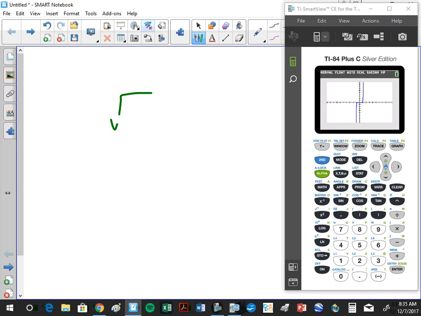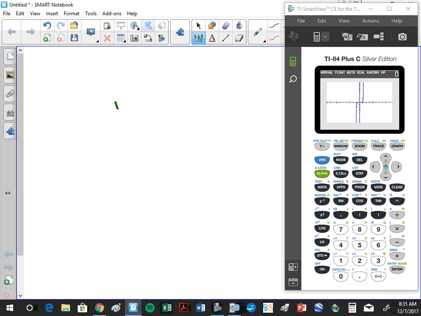What about the cube root of -8? Can you cube root -8? Yes, because -2 times -2 times -2 is -8. So this one actually just gives you -2.